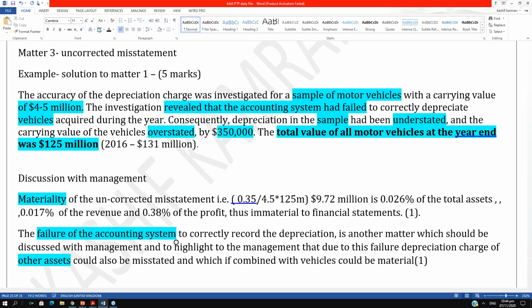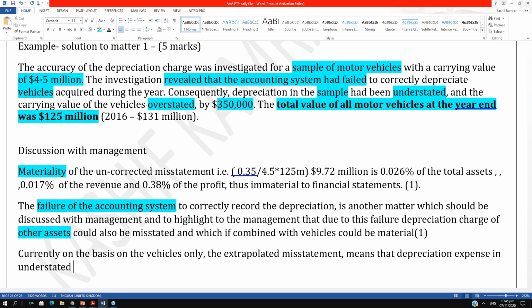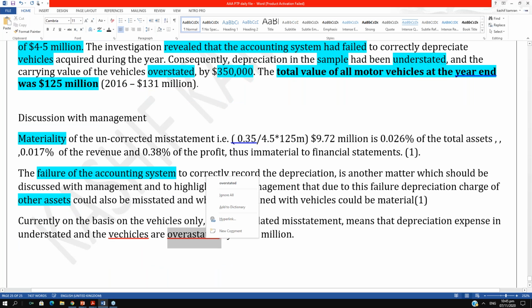Will we also discuss with the management that currently on the basis of the vehicles only, the extrapolated misstatement means that the depreciation expense is understated and the vehicles are overstated by dollar 9.72 million, right? Clear, everyone?